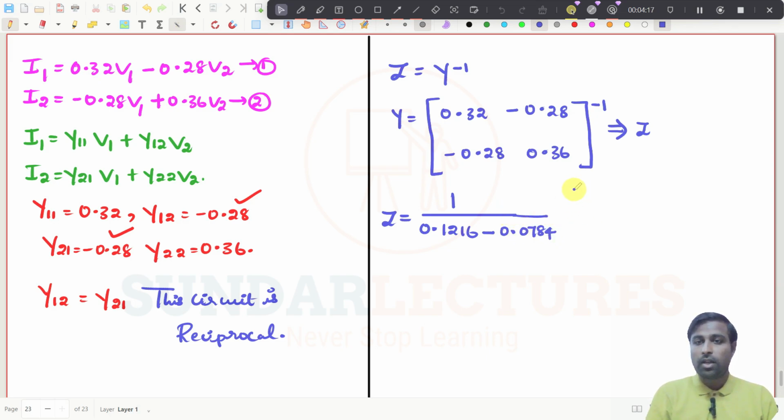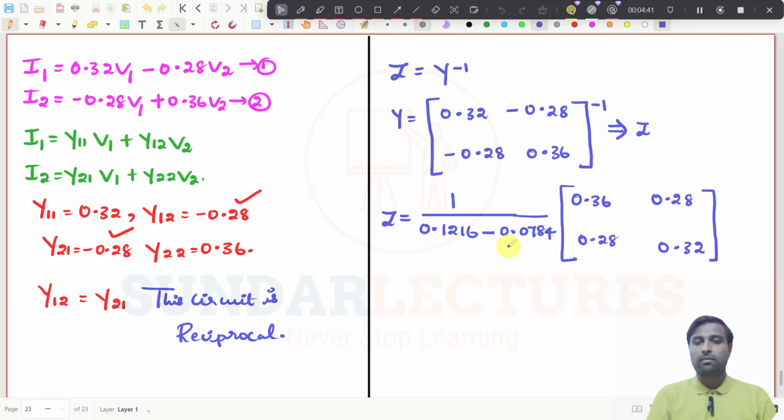This is the value, and in this matrix you have to reverse these two, so it will be 0.36, and here it will be 0.32, and the signs have to be reversed, so it will be 0.28. So you just subtract these two answers and multiply everything with this term inside the matrix, and finally we will get the z parameter, right? So I will directly write the z parameter value here.